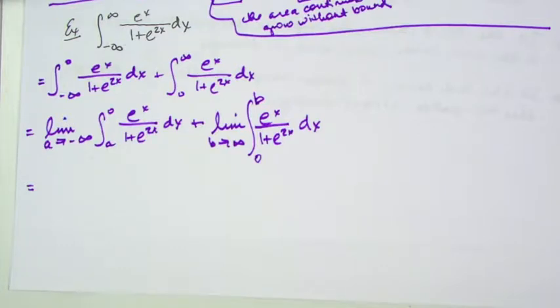Way to try that. One half ln of 1 plus e to the 2x?